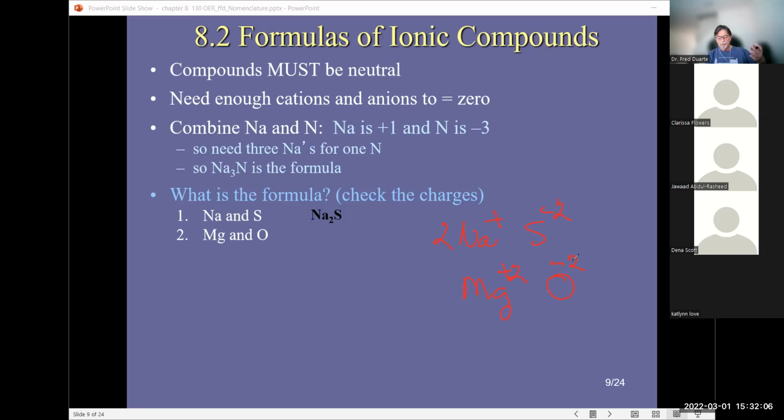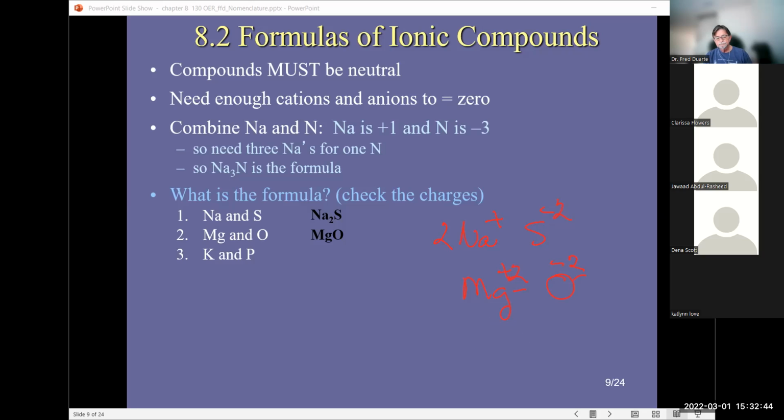And so therefore, we can very quickly simply put them together 1 to 1 because I got a +2 and a -2. So its formula would be MgO. You don't have to put a subscript 1. It's understood, obviously, that there's a 1, okay? The only time you need a subscript is when you need more than 1. Again, magnesium oxide, because magnesium is one of the sweet 16. Okay, I'll come back and get the names here in a second.